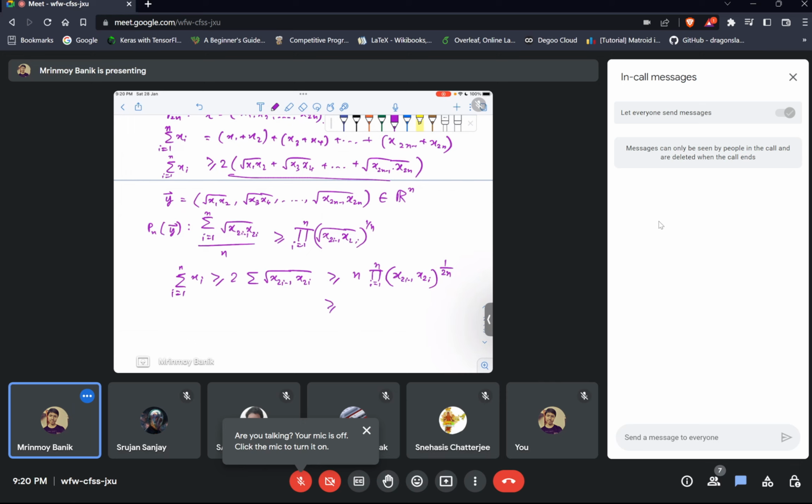So that implies the sum of xi by n, product over 1 to 2n of x. Let's call it k now, because we are replacing 2i with k.